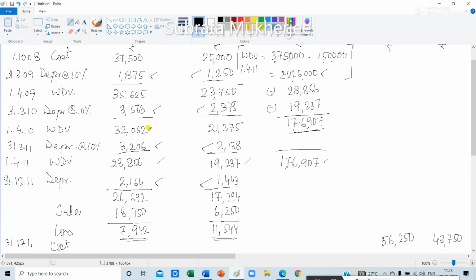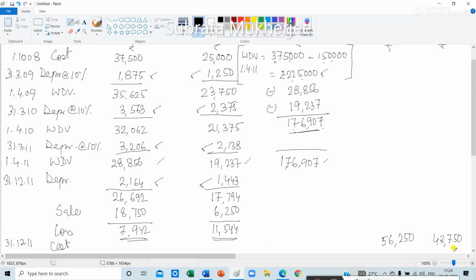If you add up these 8 figures, you will get 18,014.